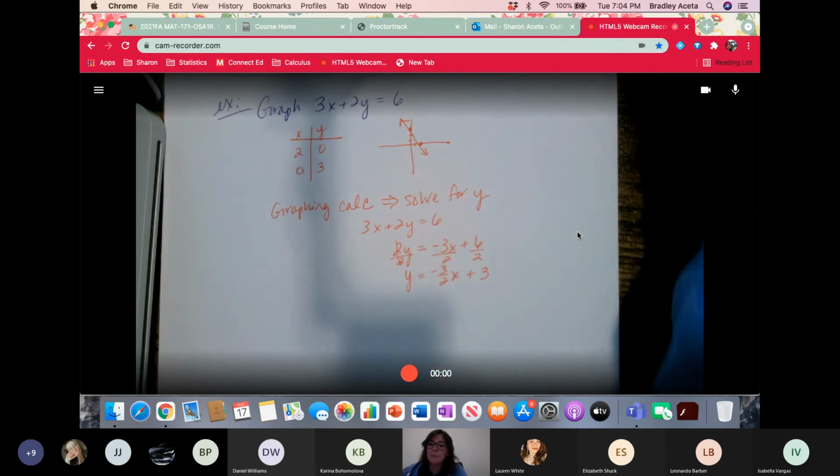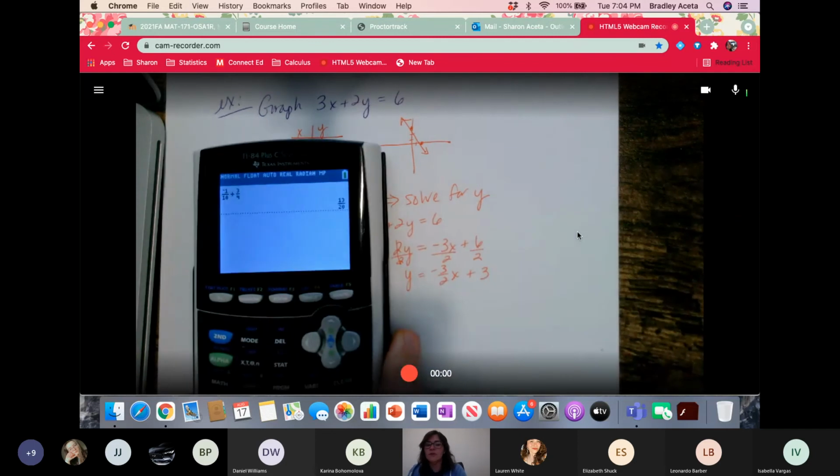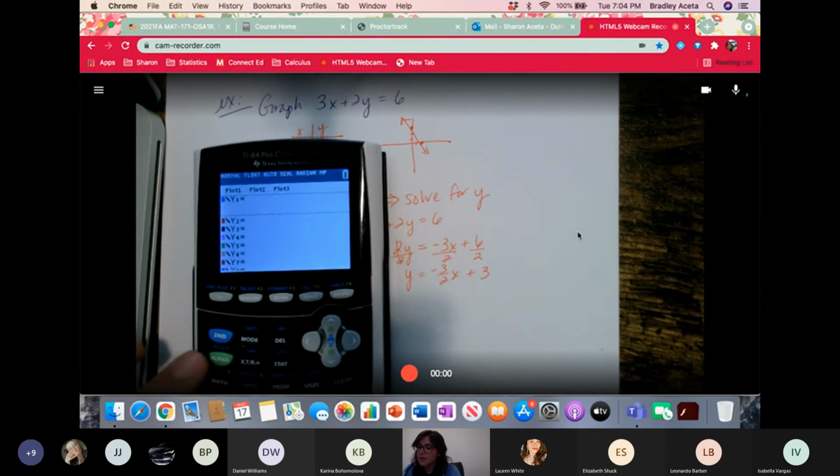And then you could put that in your calculator. Alpha window, go over to frac, negative 3 over 2, and type x plus 3, and zoom 6.